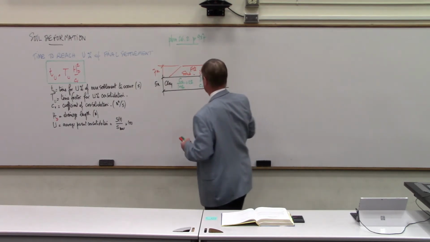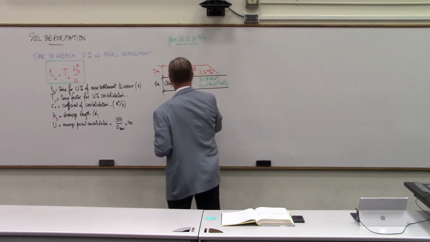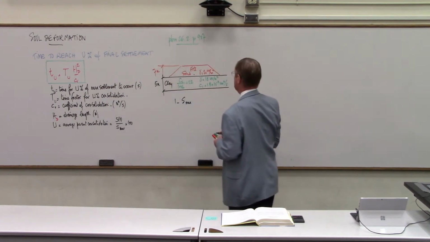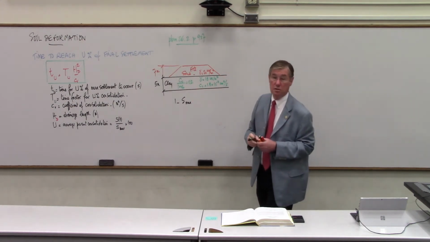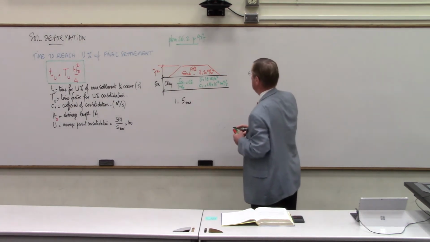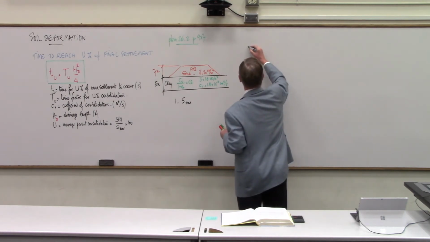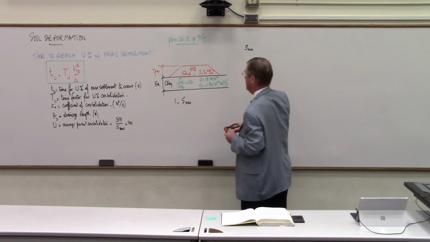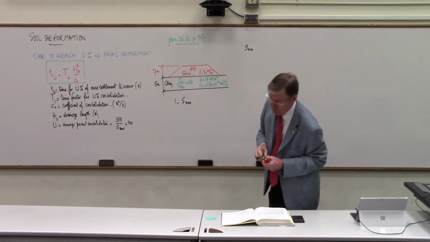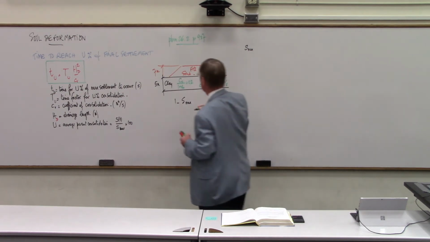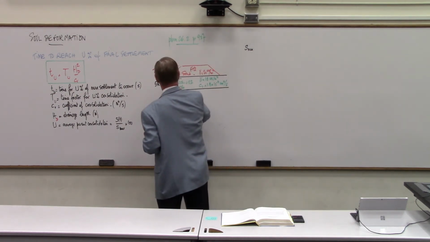So S max, or delta H max. This is a case where the consolidation equation will work well, and I guess we need to add that this clay is normally consolidated.